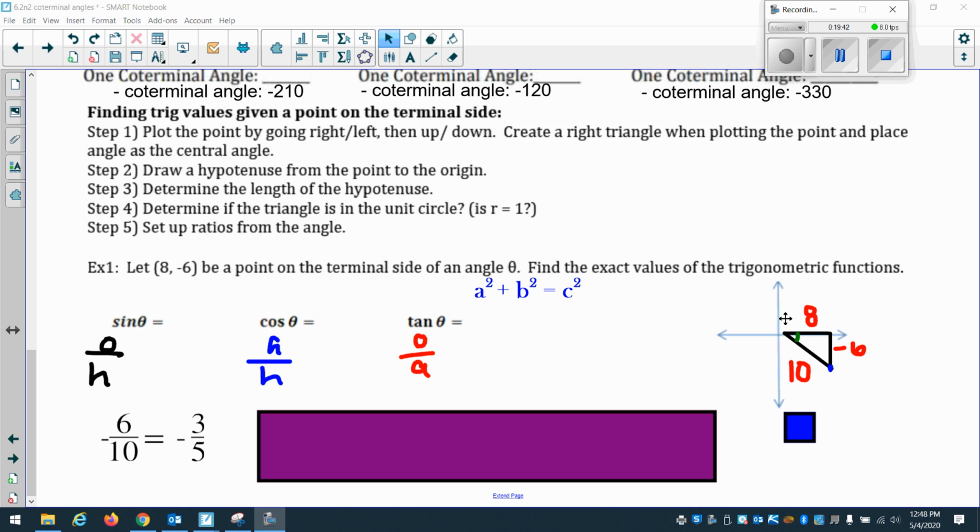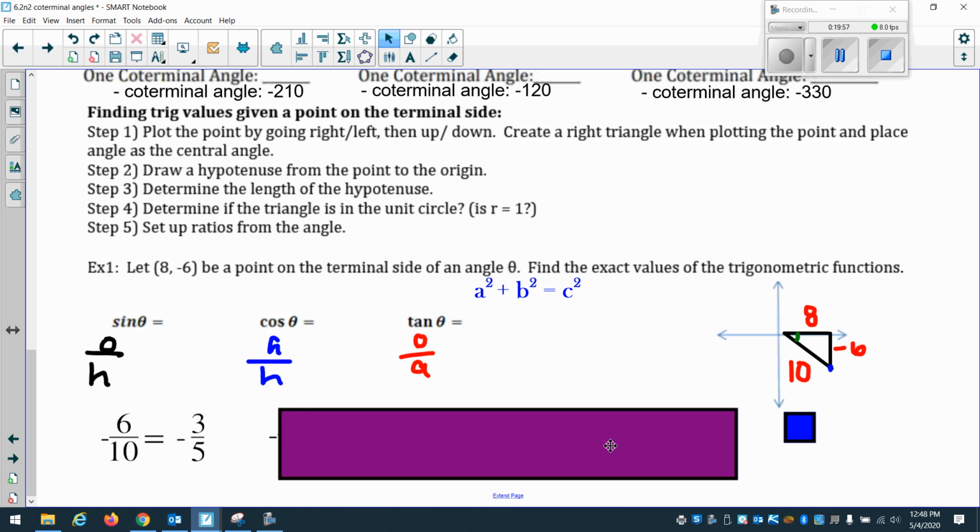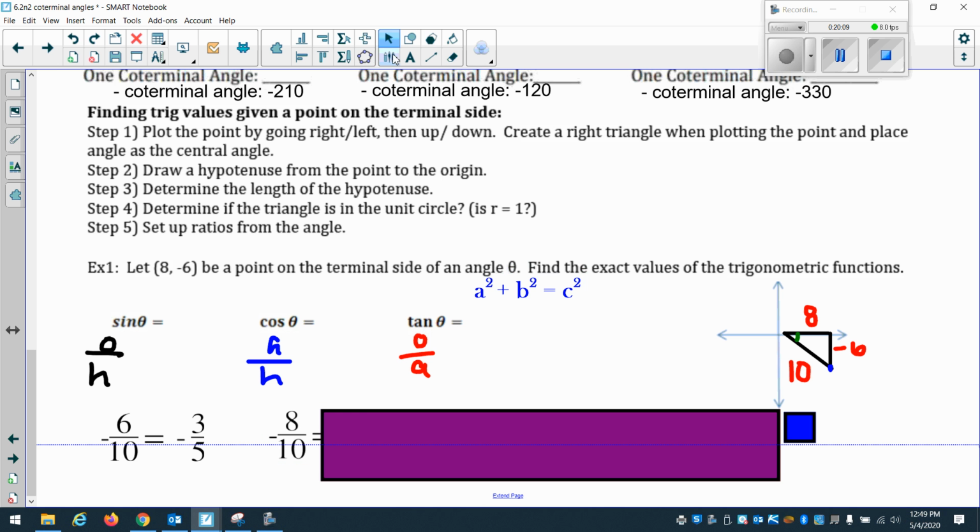So for sine, here's our angle, and it's always from the origin. Opposite, -6 over 10, which reduces to negative 3/5. Cosine adjacent over hypotenuse, so 8, this should be positive 8 over 10. Okay, positive 8 over 10 because cosine is positive in the fourth quadrant. So this should be positive. Let me just make that positive for you so we don't get confused.